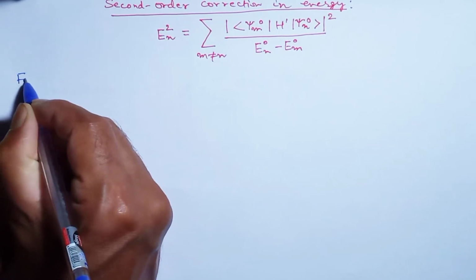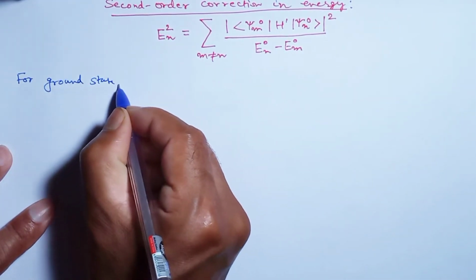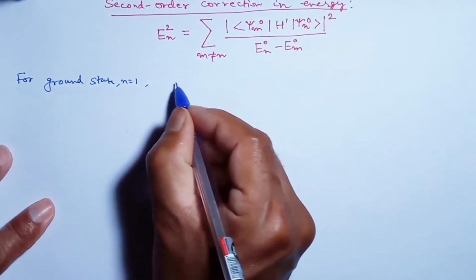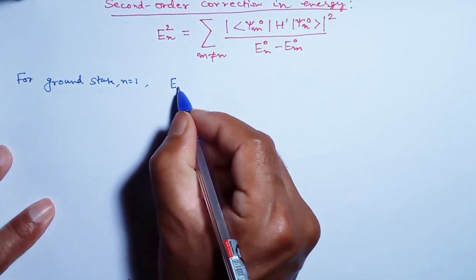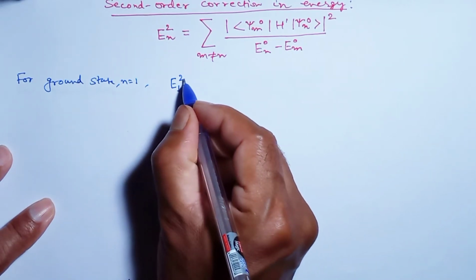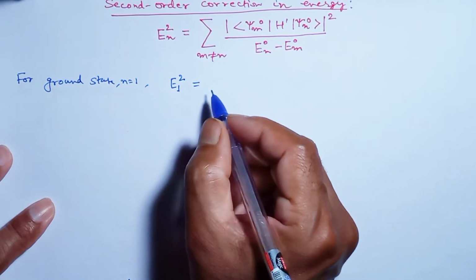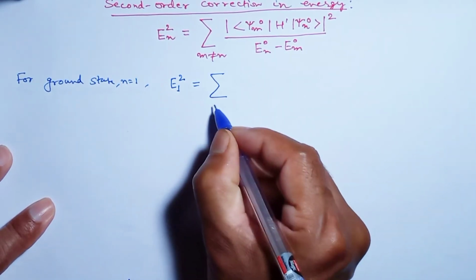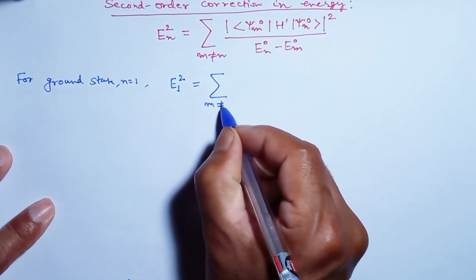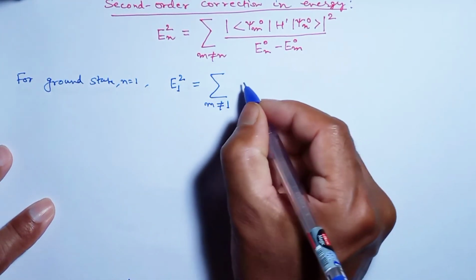So for the ground state n equals 1, then we will have E12, that is the second order correction in ground state energy, equals summation m not equal to 1. In place of n we have to put 1.